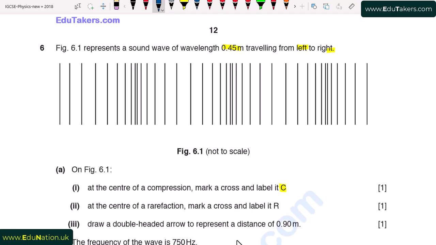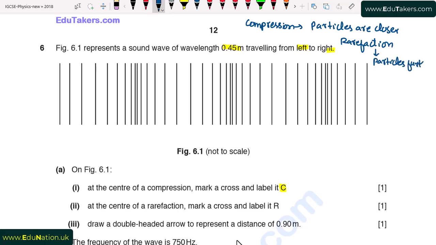I write here: compression, particles are closer, and at rarefaction, particles are further apart.